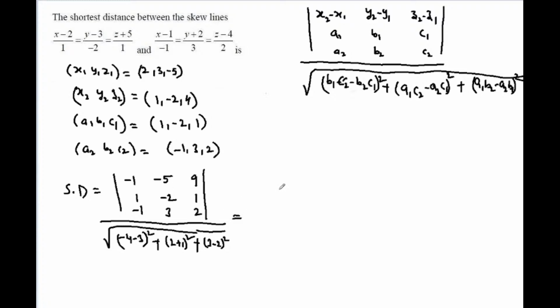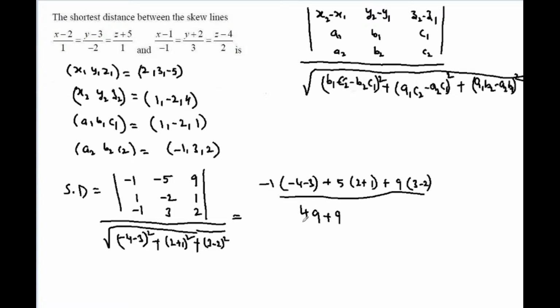Now find the determinant of this, that is minus 1 into minus 4 minus 3, plus 5 into 2 plus 1, plus 9 into 3 minus 2, whole by minus 4 minus 3, that is minus 7 whole square, that is 49. 2 plus 1, 3, that is 3 square is 9. 3 minus 2 is 1, 1 square 1.